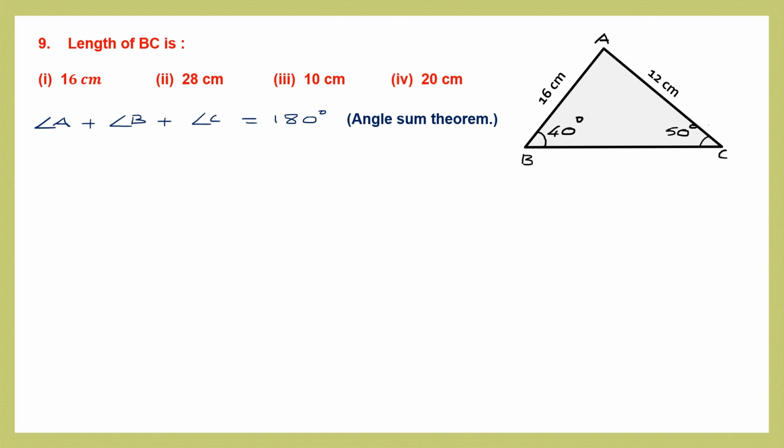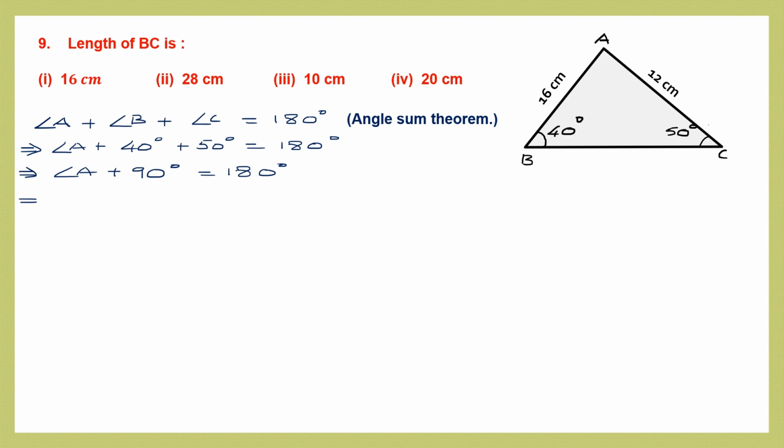Now let's substitute and find the value of angle A. So here angle A we don't know, so it remains as it is. Angle B is 40 degrees and angle C is 50 degrees. And all this should add up to 180 degrees. So to find angle A, we say angle A plus 90 degrees is equal to 180 degrees.